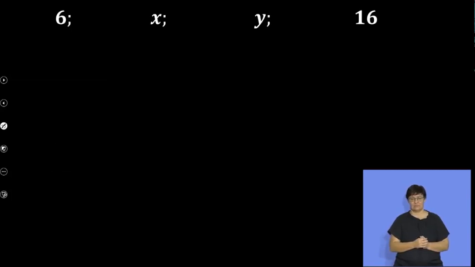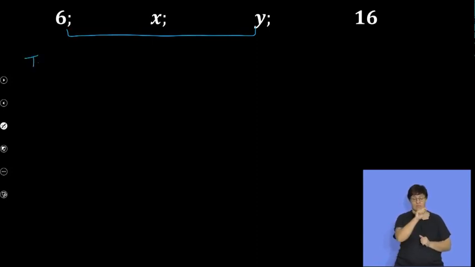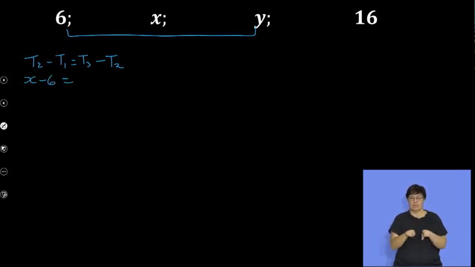So we know that these 3 will have a common difference. So term 2 minus term 1 will be equal to term 3 minus term 2, because the common differences of an arithmetic sequence are equal to each other. So x minus 6 will be equal to y minus x. Immediately I'm going to isolate y by taking this negative x over.